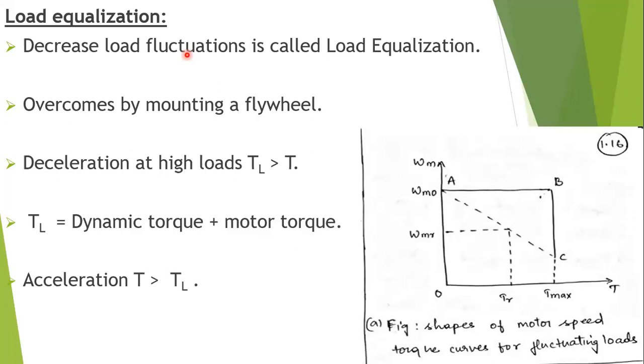For such a motor, if the torque is maximum, then the rating of the motor will be high. The second thing is that the motor draws pulse current from the supply.